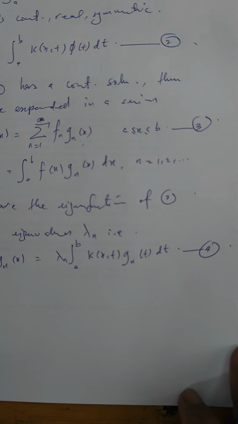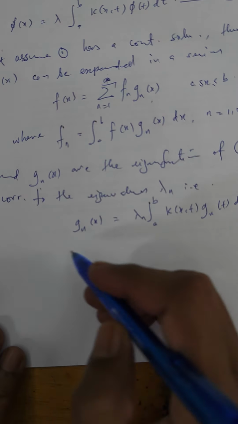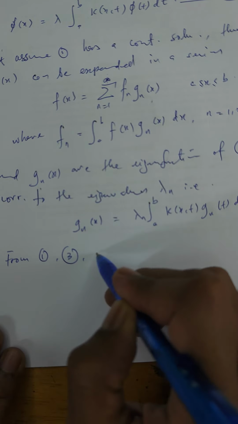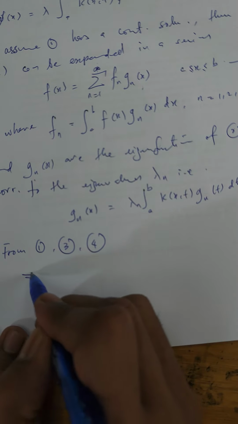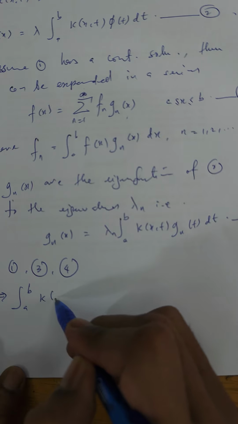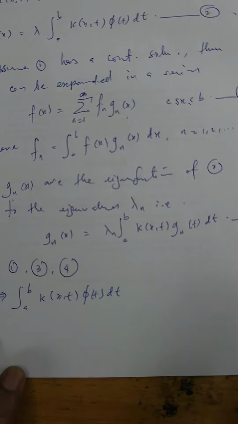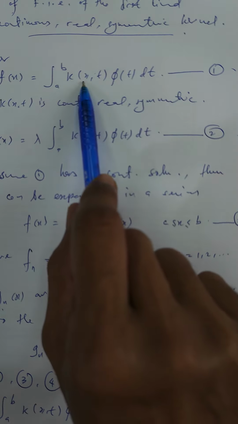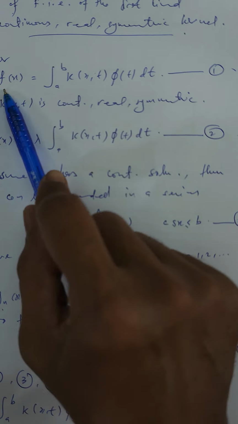All right. So from 1, 3, and 4, we have the integral from a to b of k(x,t) phi(t) dt. If you look at the right-hand side of 1, that's k applied to phi, which is f.